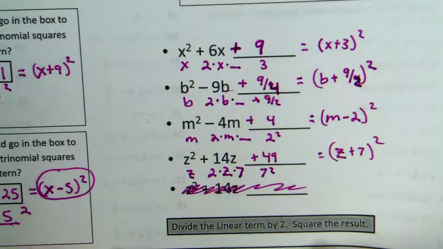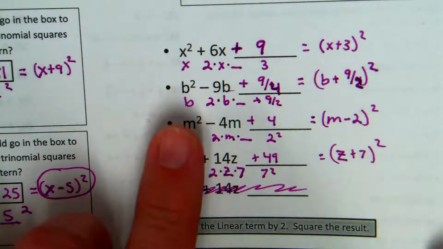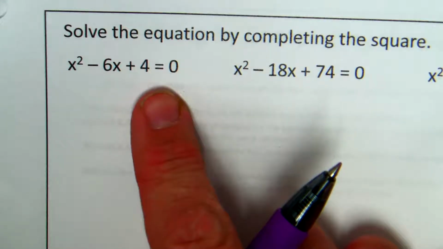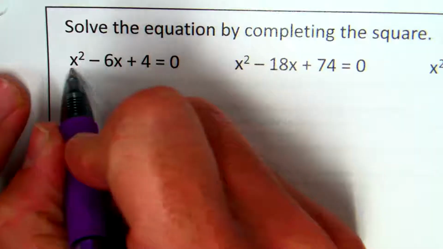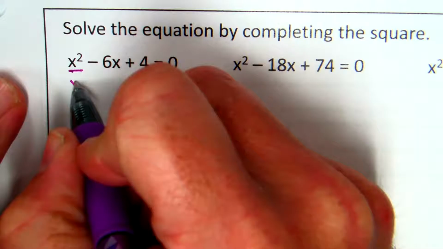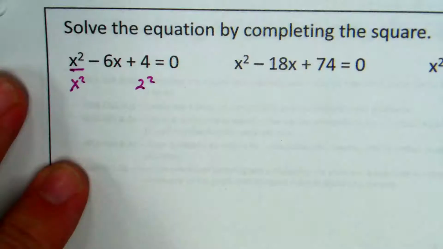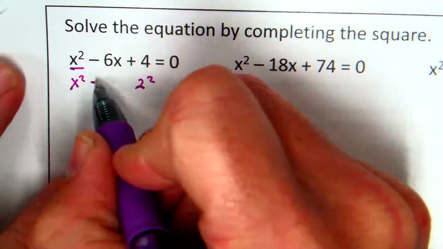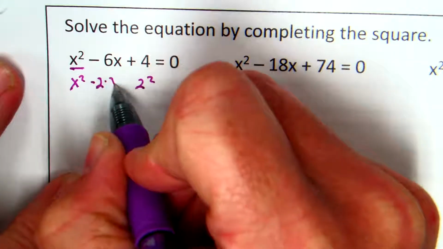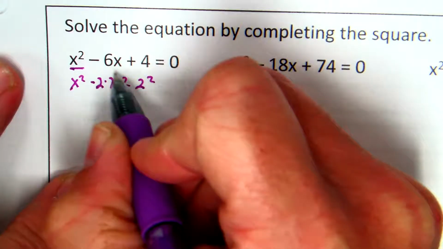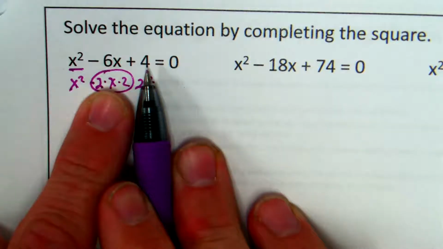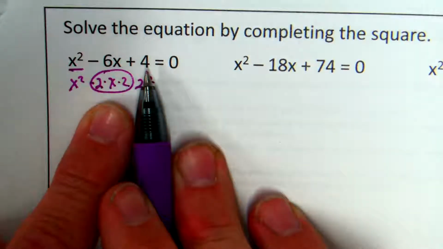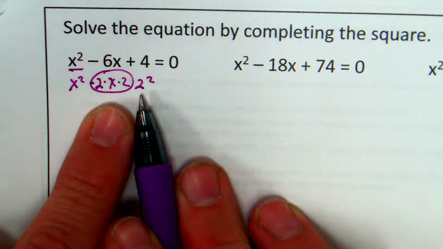Hopefully that wasn't too bad for you, because I can use this completing the square to solve equations. Notice, if I'm going to solve by completing the square, this first number has to be a perfect square, this last number has to be a perfect square, and what's in the middle has to be 2 times those roots. What I have here is actually not a perfect square pattern.